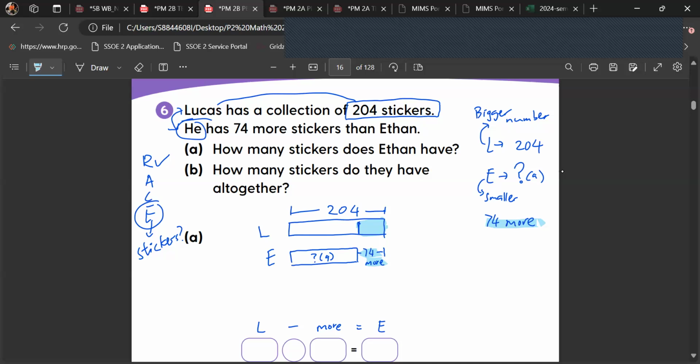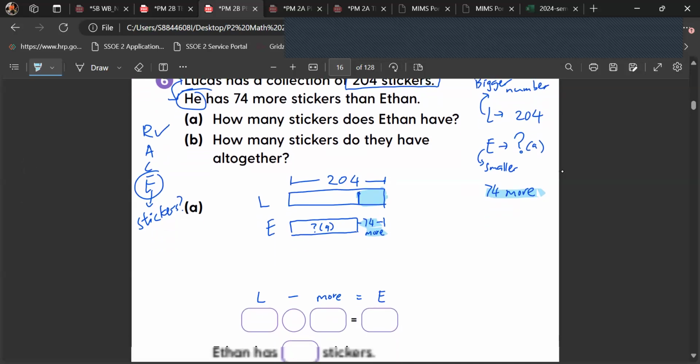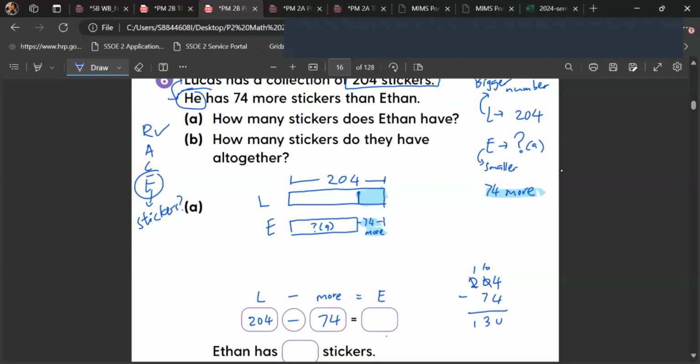So if I chop off the extra from Lucas, 204 minus away the 74, I should be able to get the answer. So 204 minus 74. Yeah, remember to do your regrouping, okay? You'll get 130, that's right, Joseph. So I finished with part A.